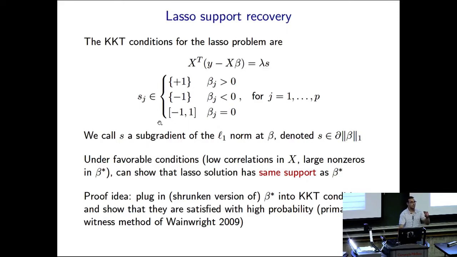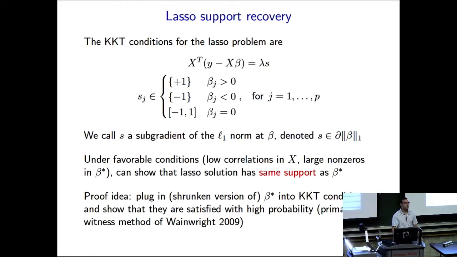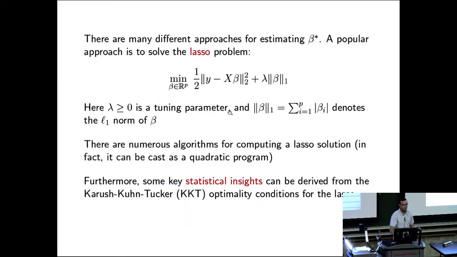It has to basically be the sign of beta when that coefficient is positive or negative, or it can freely vary between minus 1 and 1 when that component of beta is 0. So if we can find beta and s to satisfy these two equations, then beta will be a solution to this problem.